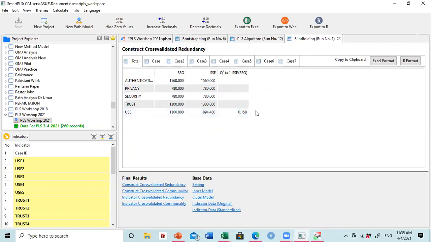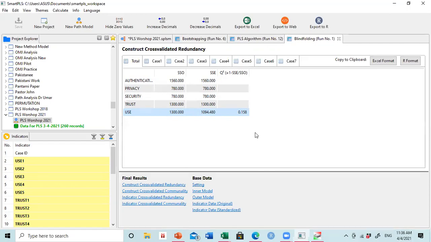In our own case, Q square is 0.158. We consider it okay because it's greater than 0. They say it should be greater than 0, and that one is greater than 0. That's why we now conclude and write that our model has predictive relevance.